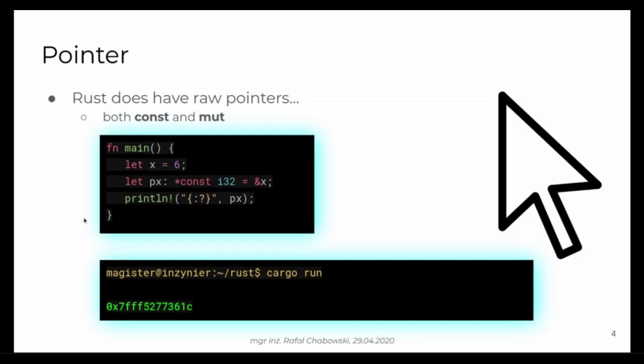You need to be explicit whether your pointer in Rust is const or mutable. This is unlike other places in Rust where everything is considered immutable. In the case of pointers, you have to be explicit.